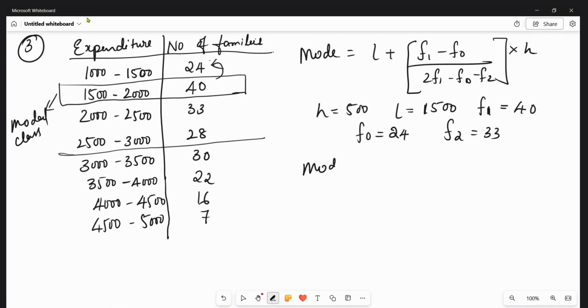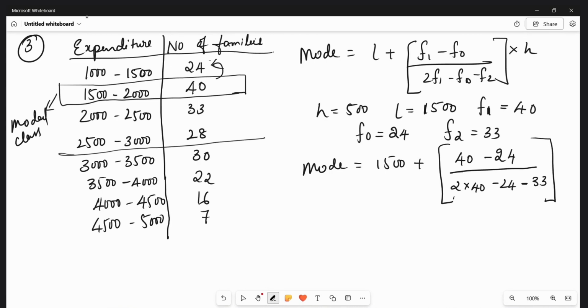So mode is equal to L is 1500 plus F1 40 minus F0 24 divided by 2 times F1, that is 2 into 40, minus F0 24 minus F2 33 into H. H is what? 500.